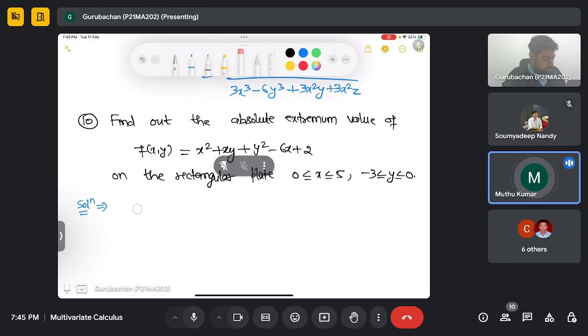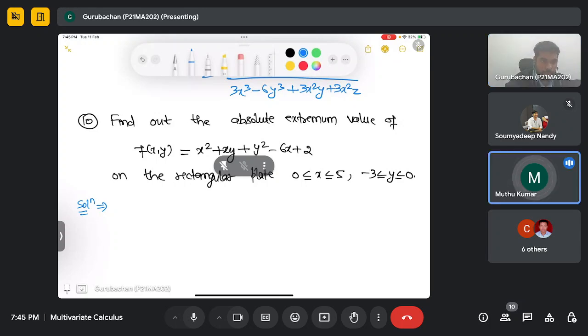At the critical points, find out the value of f, and on all four boundaries we will have to find the extreme value by taking one of the variables as constant. Then we will get the total. Is it only in this case that you take it as a constant, or can it be in other cases also? It is a generalized statement.